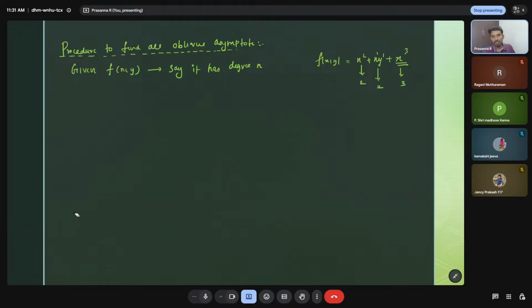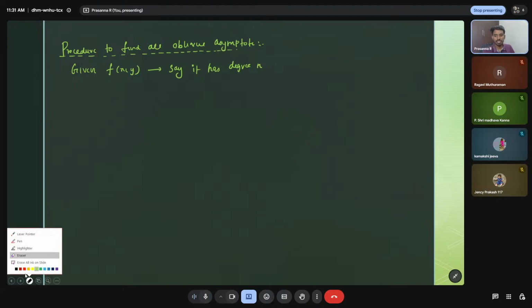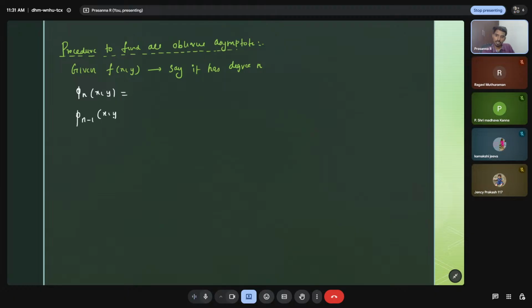Now let us say we are given a function of x comma y of degree n. What you need to do is collect all nth degree terms, then collect all n minus 1th degree terms, and then all n minus 2 degree terms.